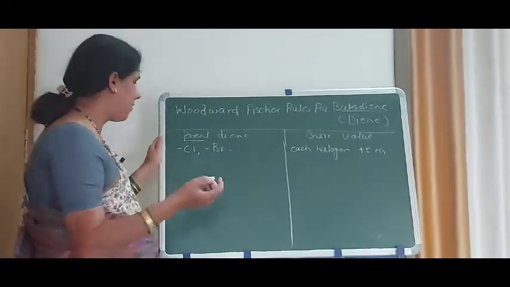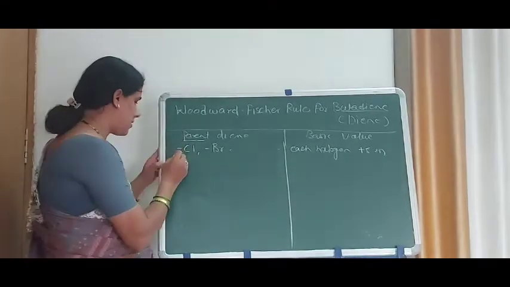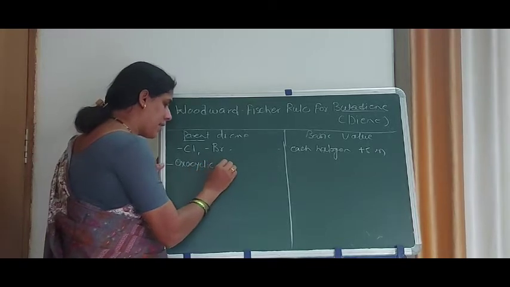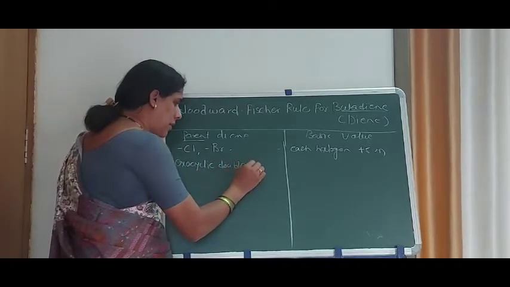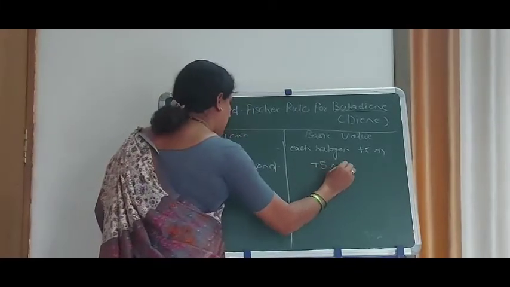If the parent butadiene contains an exocyclic double bond, you have to add 5 nanometer.